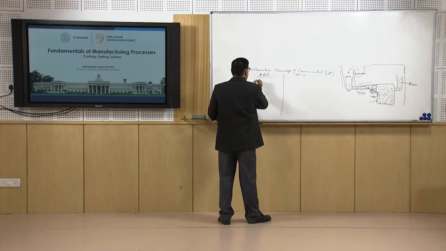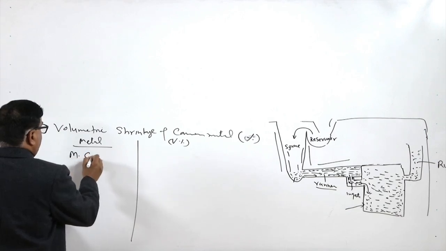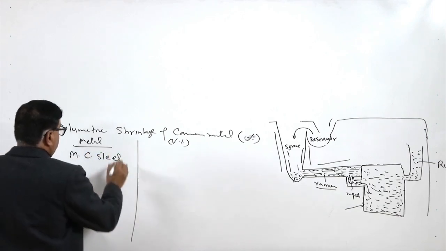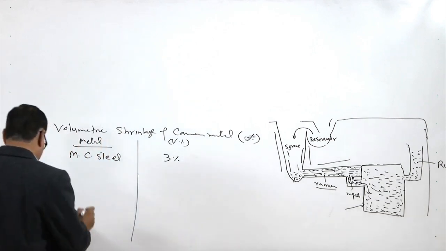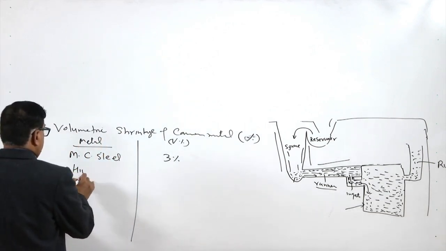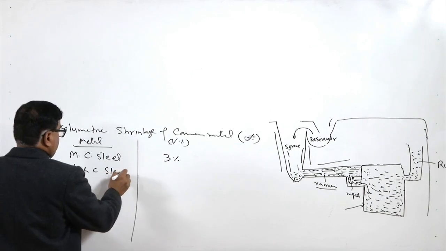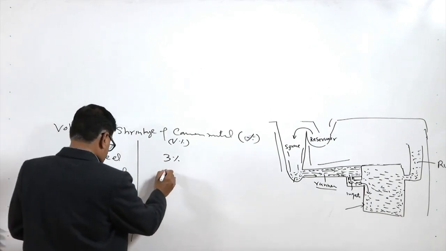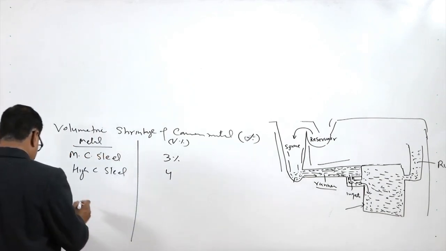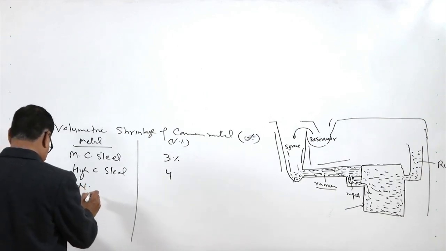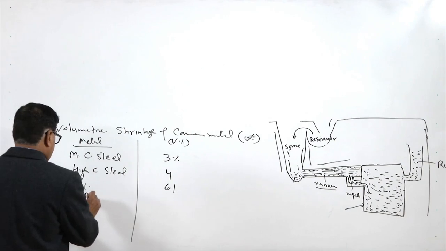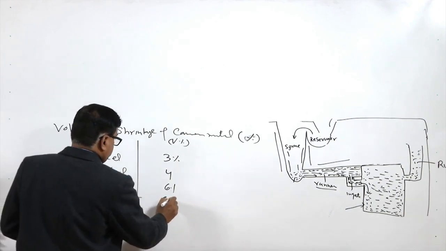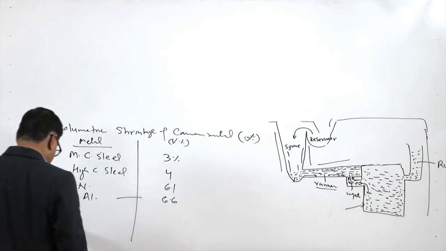Say for medium carbon steel, the shrinkage is 3%, for high carbon steel the shrinkage is 4%, for nickel it is 6.1%, for aluminum 6.6%, which is much higher.